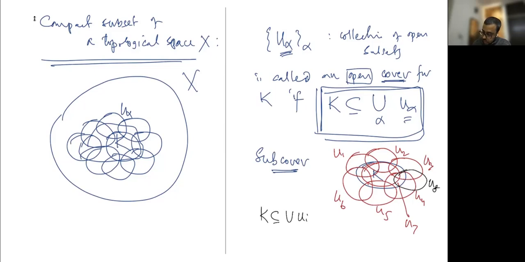This collection need not be finite, but just for this example, so that I can draw everything, taking this collection to be finite.